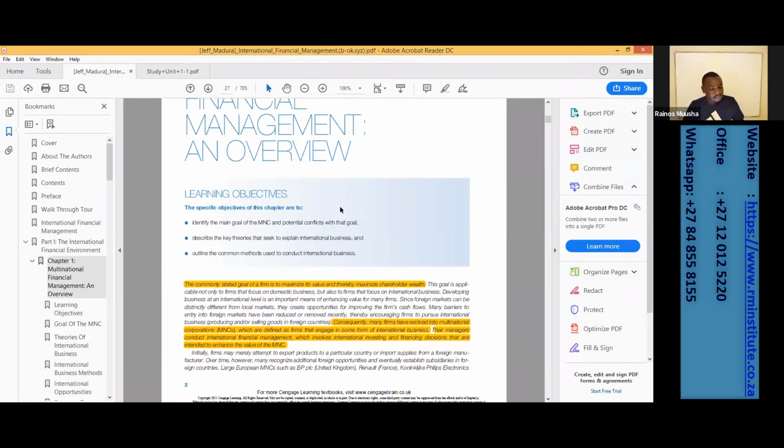When it has operations in 2 or more economies, that's when we know we're dealing with a multinational company. So when a company has operations in 2 or more economies, there are so many things that you now have to bear in mind, which is a bit more complex than just a company that is what?